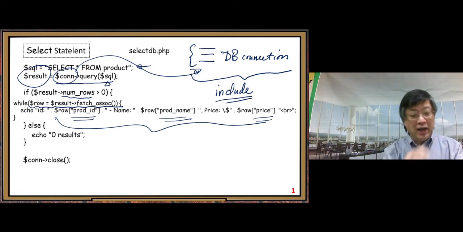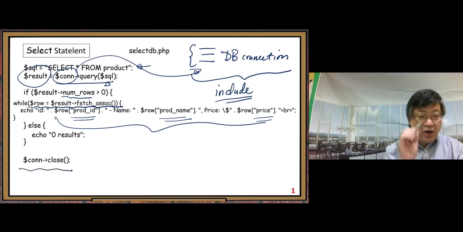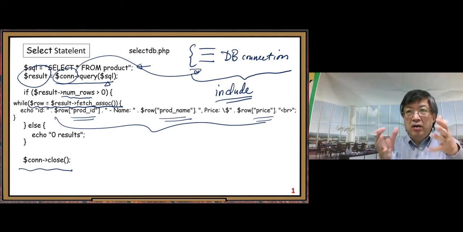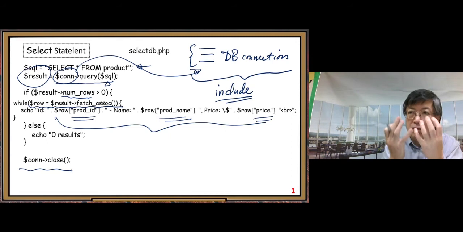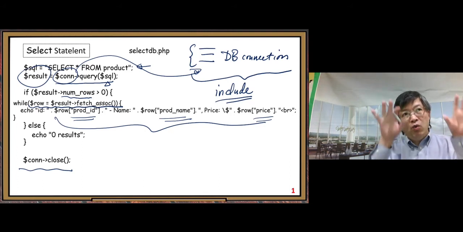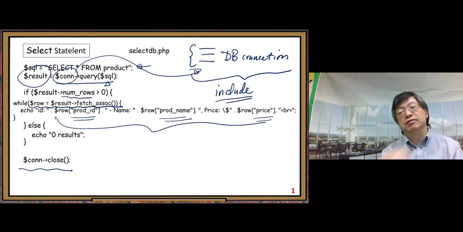Then the last line, remember to close the connection object, because the connection object takes a certain amount of memory resource. If we do not need it, close it to release the memory resource. In that way, your whole web application can run faster.